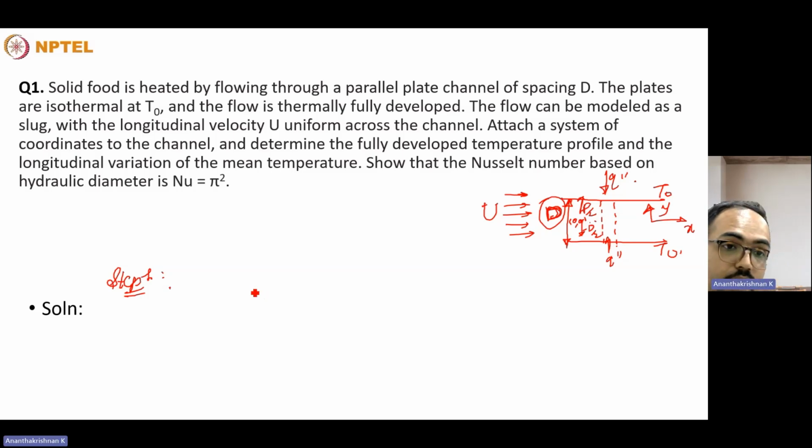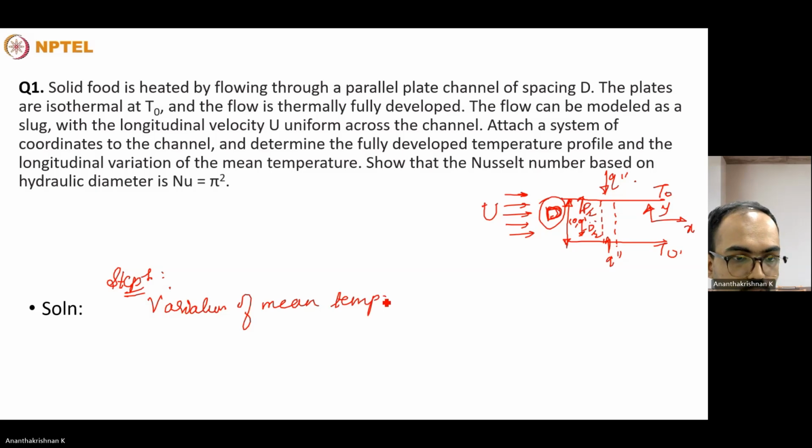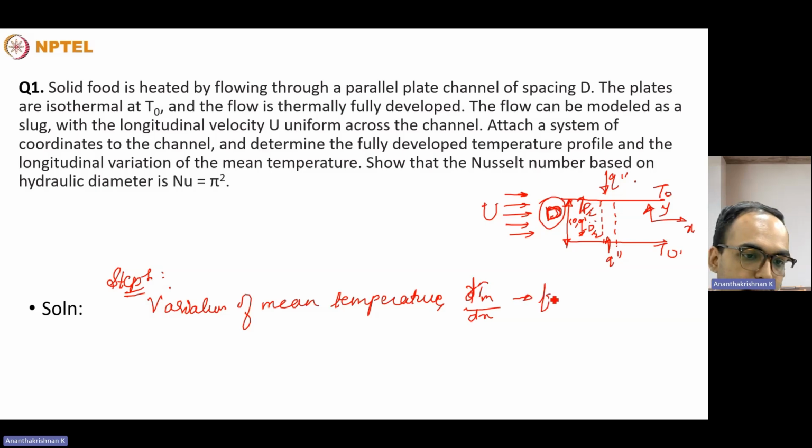We have to calculate the variation of the mean temperature. So we can write the variation of mean temperature with respect to x, dTm divided by dx. This we can get from the energy balance of the control volume.